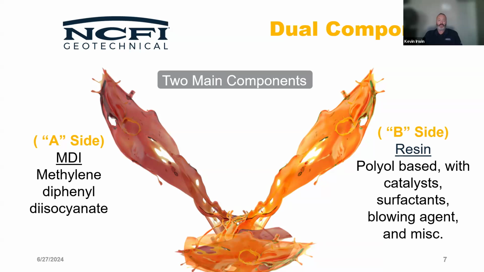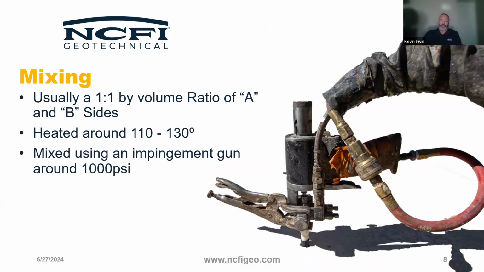And so that A side and the B side combine at the tip of an injection gun, whether it's an impingement gun like the one you see here, or it could even have a static mixer on it, but it's got to be in a 1-to-1 volume ratio of A to B, heated at the proper temperatures, and then you make good foam.